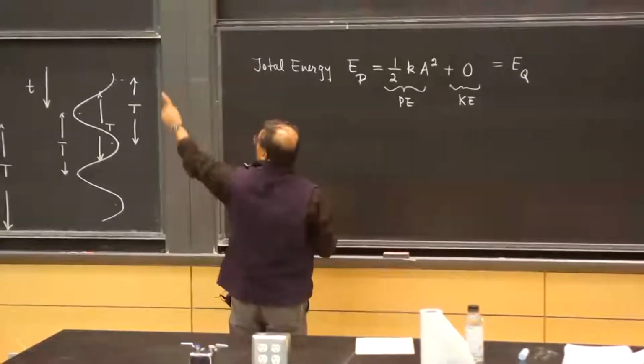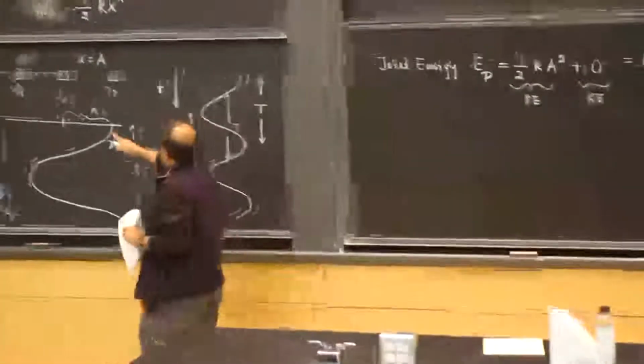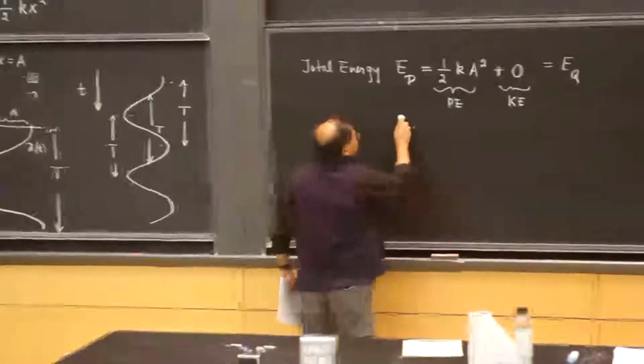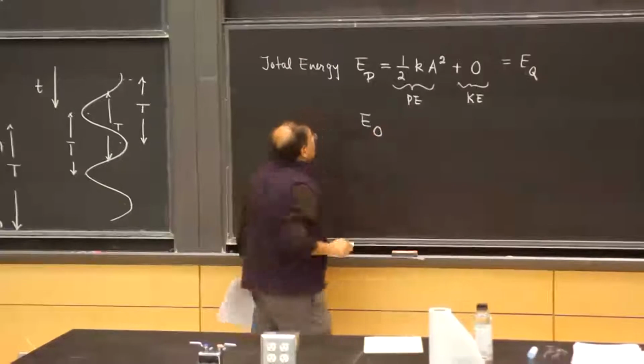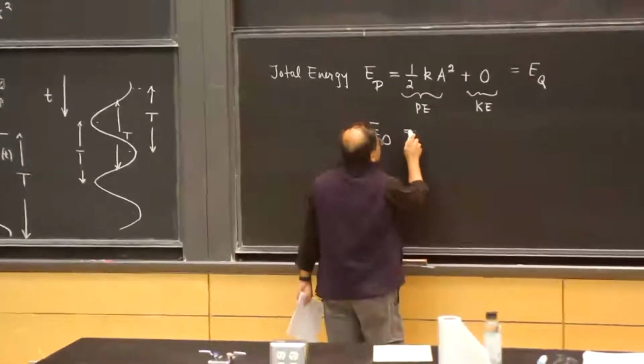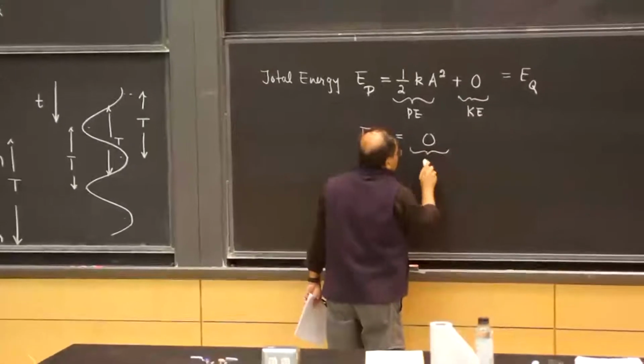So what happens then at O, at the middle? What happens at this point? Total energy E at O: there is no potential energy because the stretch is 0. So potential energy is 0.